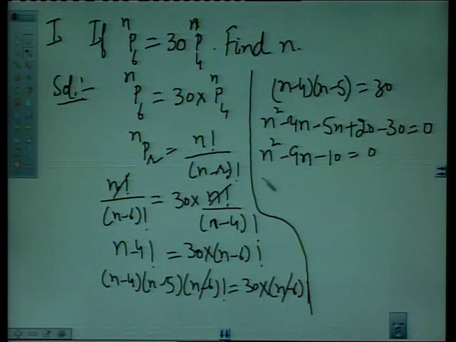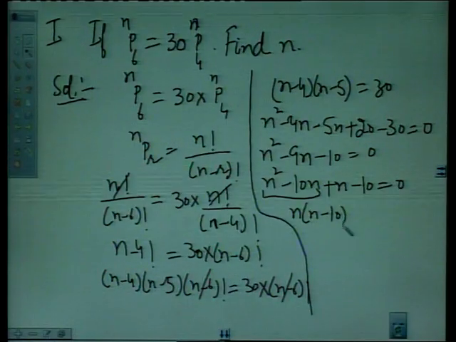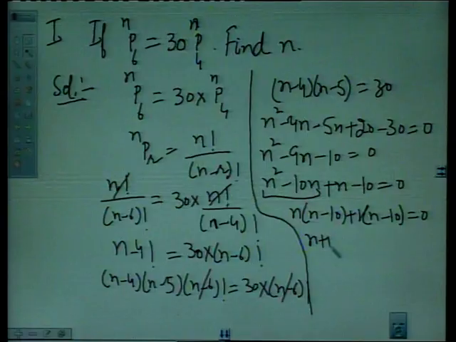Now, we are to make it into factors: n square minus 10n plus n minus 10 equal to 0. From the first two terms we take n outside, inside we get n minus 10, and from the last two terms we take 1 common, n minus 10. This gives n plus 1 into n minus 10 equal to 0.